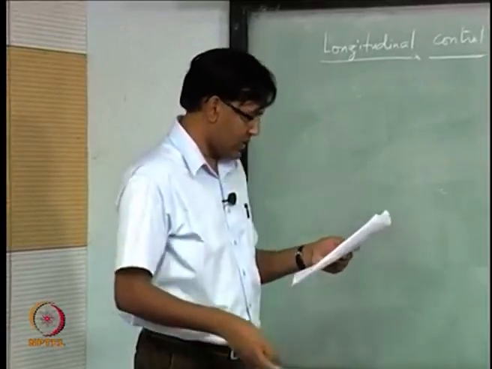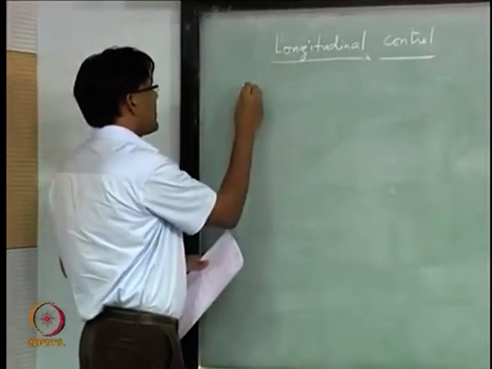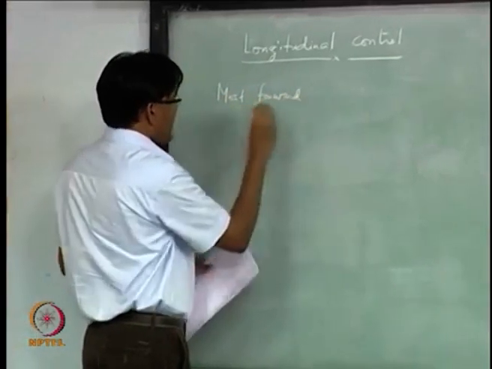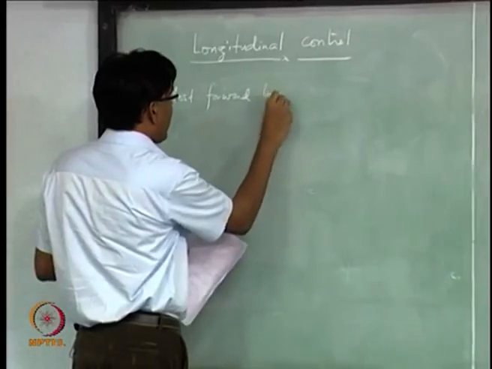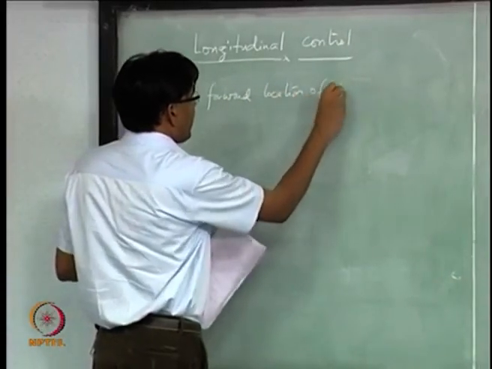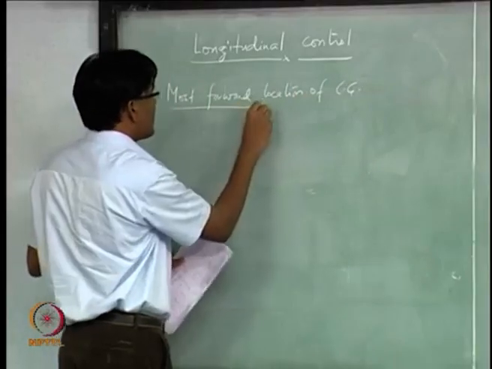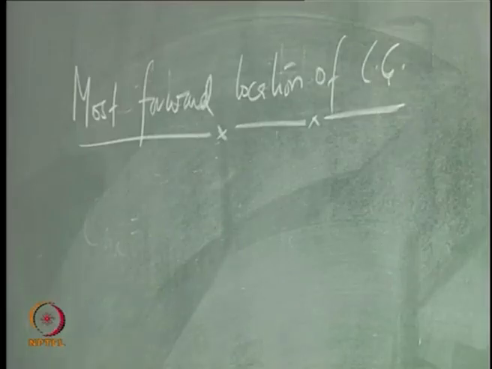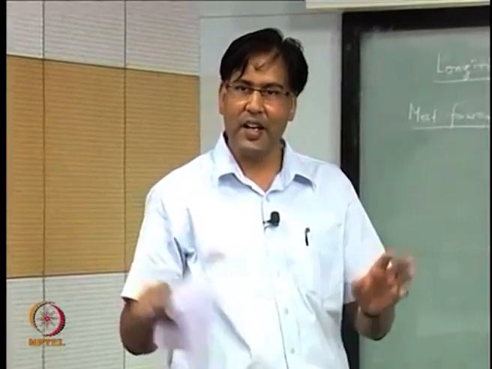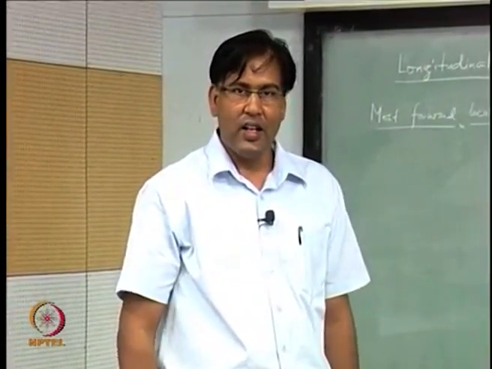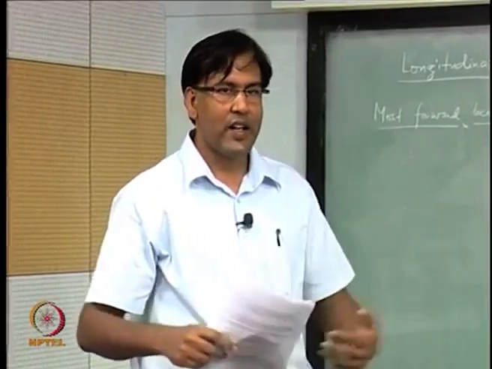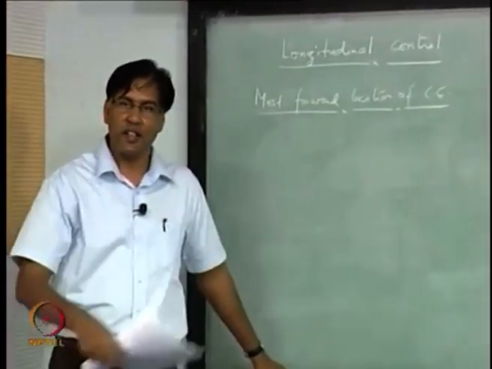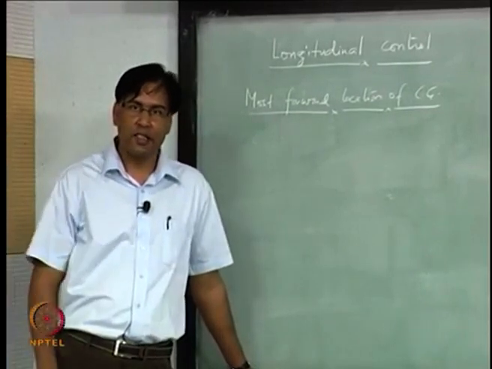I want to find out the most forward location of CG. Conventional situation, okay, wing camber is positive, and now we are looking at how far we can move the CG in the forward direction, not in the backward, right.